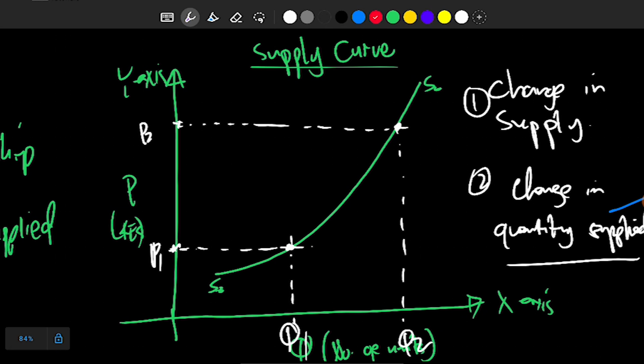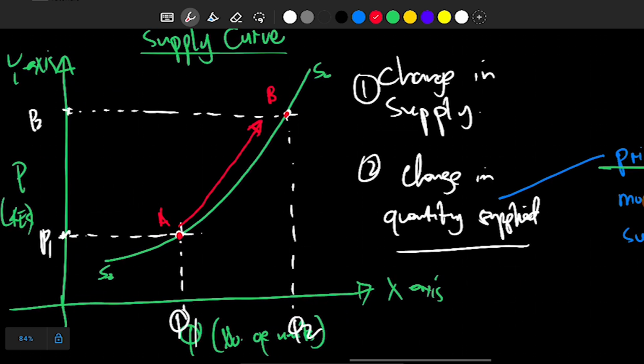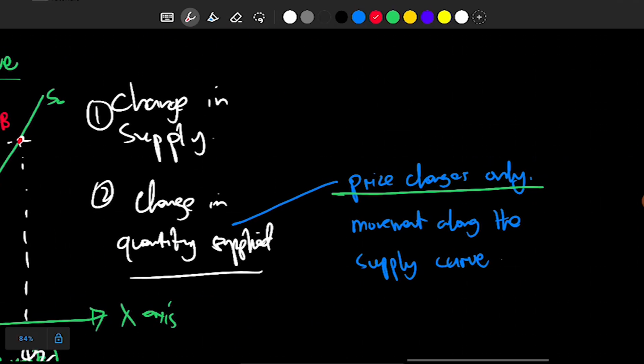Say that this first intersection is our point A, and the second intersection on the curve is our point B. So when price changes from P1 to P2, there is a movement from point A to point B. Basically, this is what we are calling a movement along the supply curve, and it is caused by price changes only, and it only changes quantity supplied.